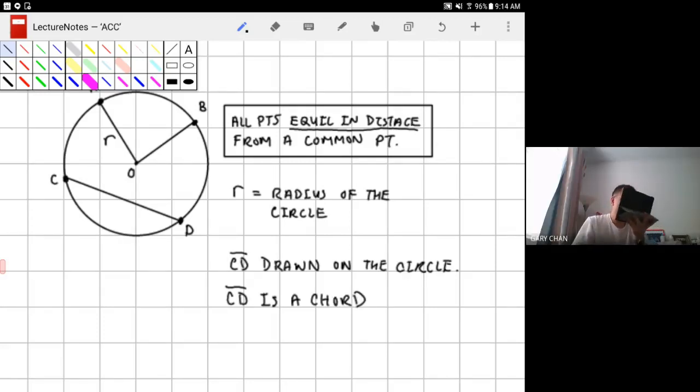You can pretty much draw as many different kinds of chords as you like.